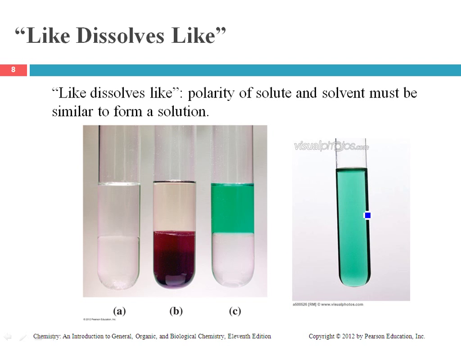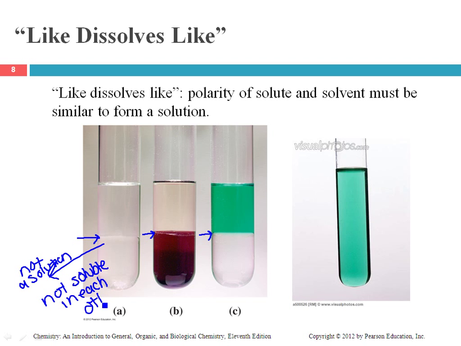So this is just an example showing this. Here you can see we've got two distinct layers. If you were in lab and you put two compounds, a solute and a solvent, together and you saw two distinct layers, this is not a solution. These are not soluble.